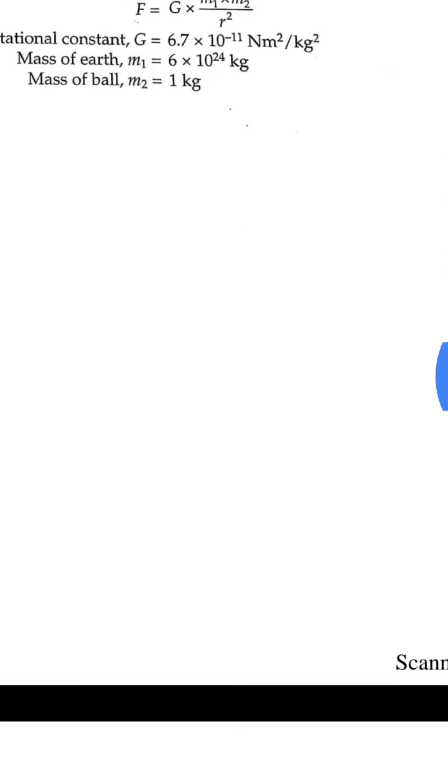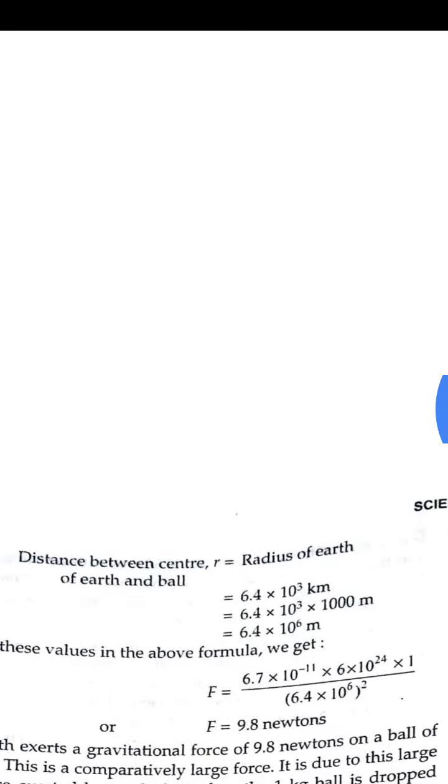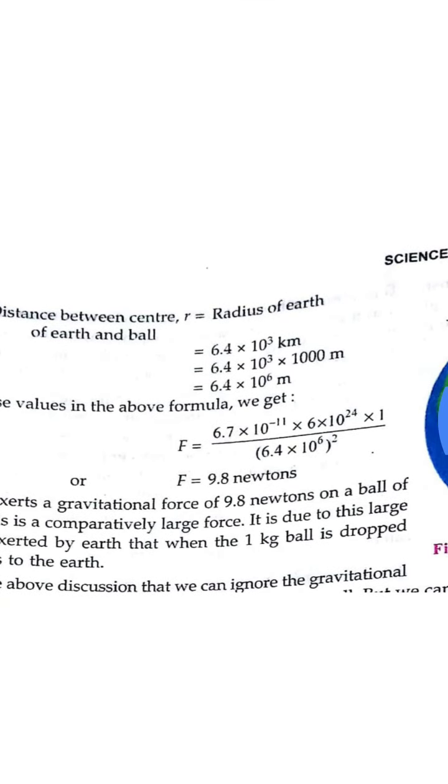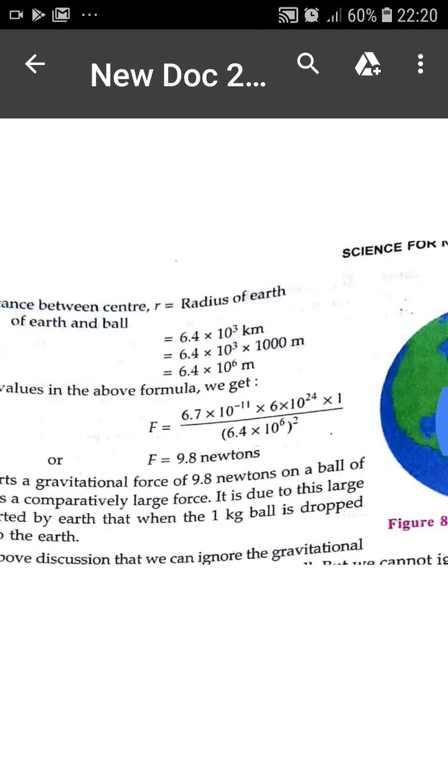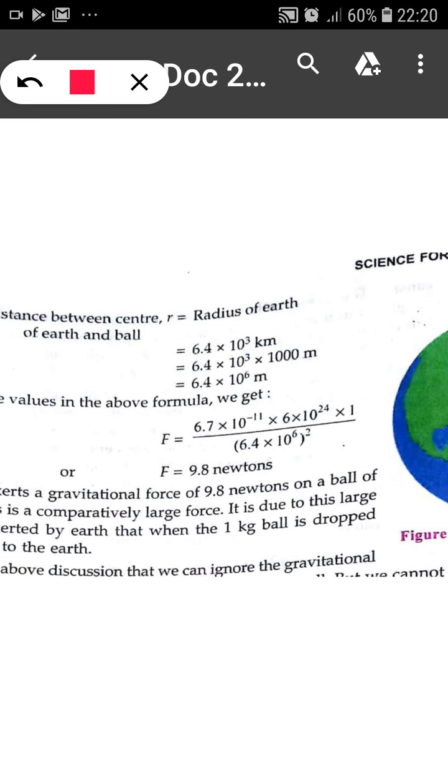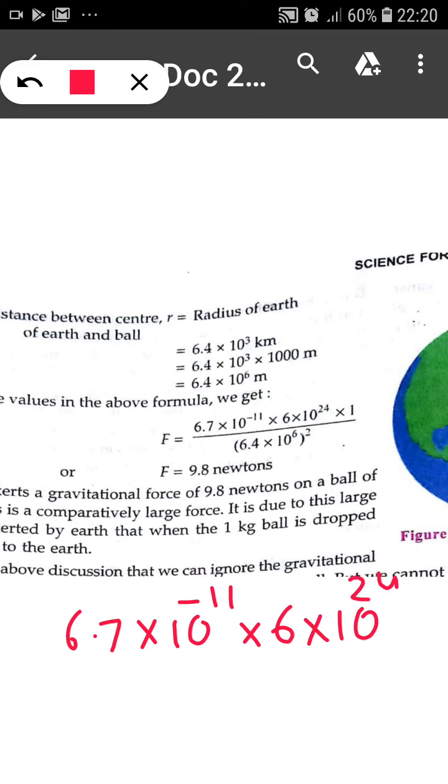Keeping these values in the formula, here we have changed kilometers into meters, so we get 6.67 into 10 to the power minus 11 into 6 into 10 to the power 24 kg, the mass of the first object, and the mass of the second object is 1.